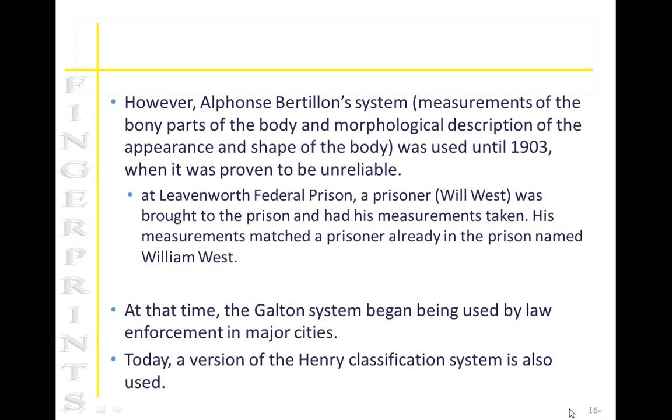So they had two individuals that, according to the current identification system of measurements, had the exact same measurements or identification. So at that point in time, fingerprints became the identifying characteristic that was going to be used in the future. At that time, the Galton system was being used by law enforcement. Today, it's more currently a version of the Henry classification system.